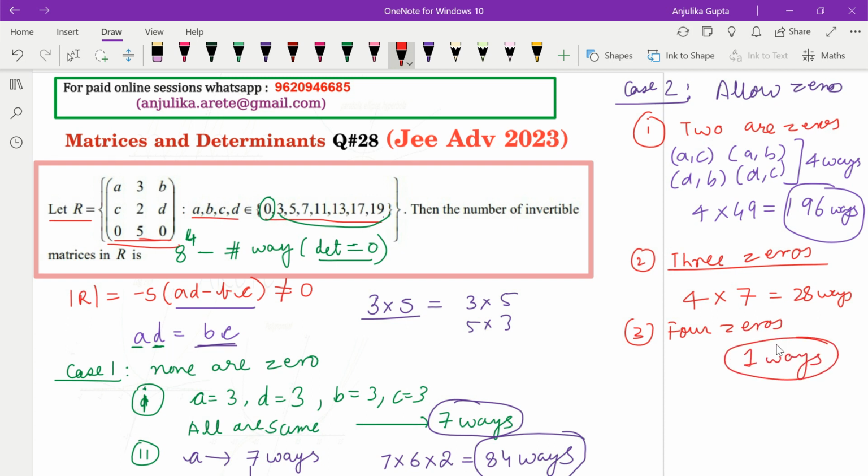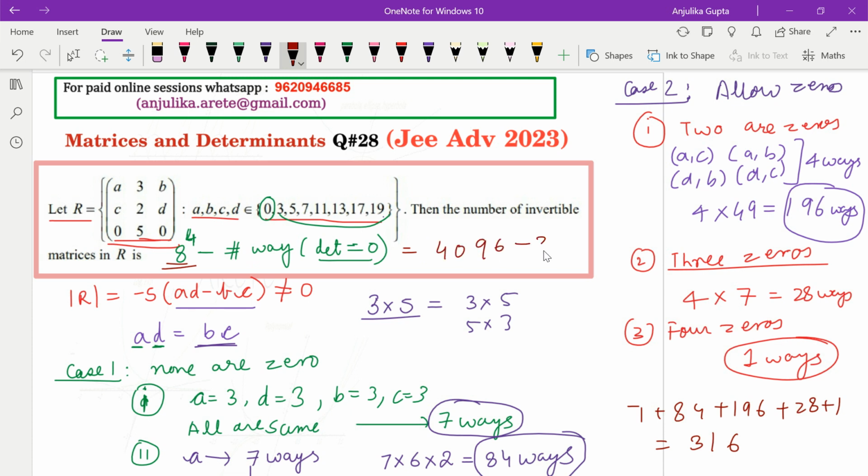So now let's add all of them. How many total ways did we get in which the determinant is 0? 7 plus 84 plus 196 plus 28 plus 1. Just add them up. This happens to be 316. Now 8 to the power 4, how much is that? 64 squared, that is 4096.